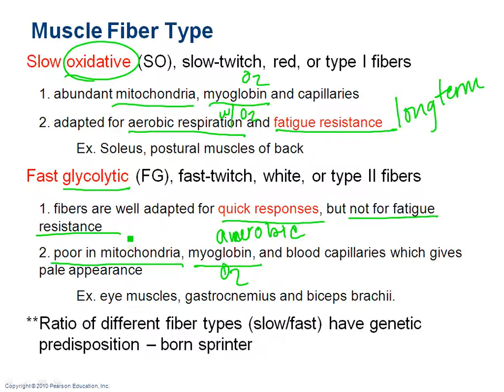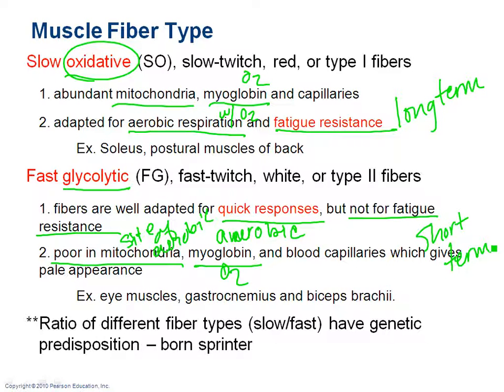What's mitochondria? This is the site of aerobic respiration. So we don't have mitochondria, or don't have as many, so not lots of sites for aerobic respiration. We don't have a lot of stored oxygen. We want quick response. So these are short-term muscle fibers.